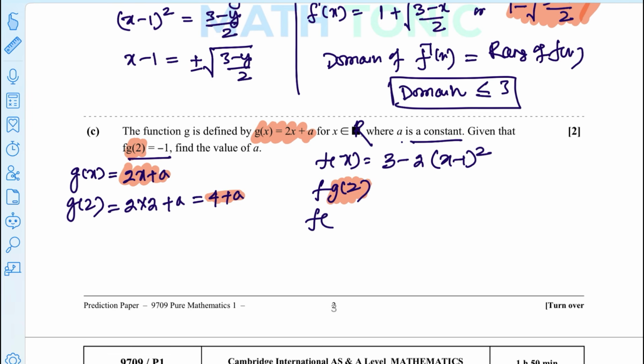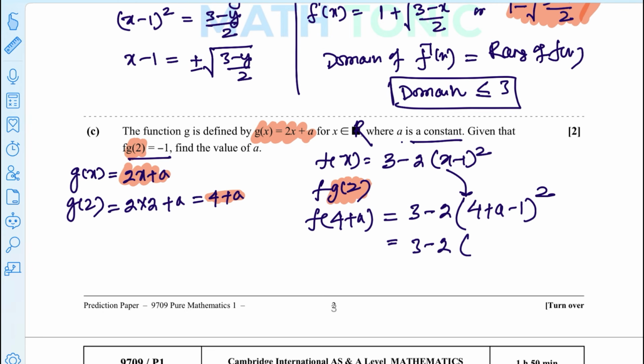So we can say f of 4 plus a equals 3 minus 2 times, in place of x, 4 plus a minus 1, squared. So 3 minus 2 times, 4 minus 1 is 3, so (3 plus a) squared. This is what I got for fg of 2.